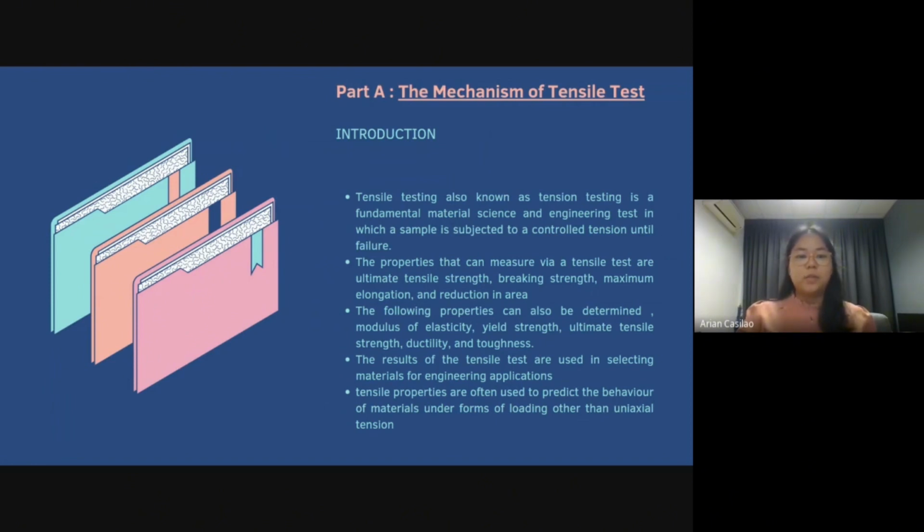Tensile testing serves multiple purposes, from materials selection and quality criteria to facilitating comparisons during material development. Moreover, it provides predictive insights into material behavior under diverse loading scenarios. This presentation explores the vital role of testing in shaping a future where durability, safety, and high quality engineering are seamlessly integrated. Now let us move on to its theory.